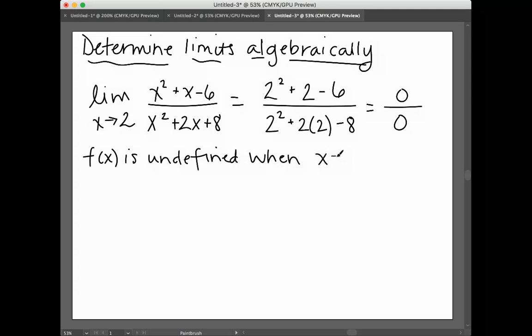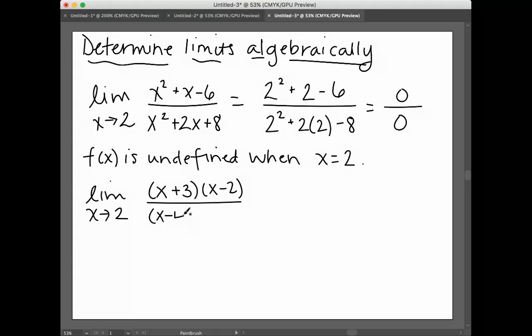Now, just because it's undefined doesn't mean it doesn't have a limit. The way we can find that limit algebraically is by rewriting f of x in a simpler form. So we can say the limit as x approaches 2 of (x plus 3) times (x minus 2) over (x plus 4) times (x minus 2).